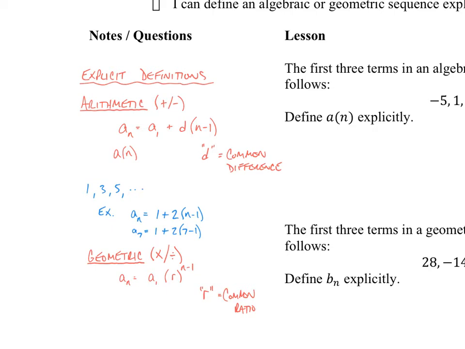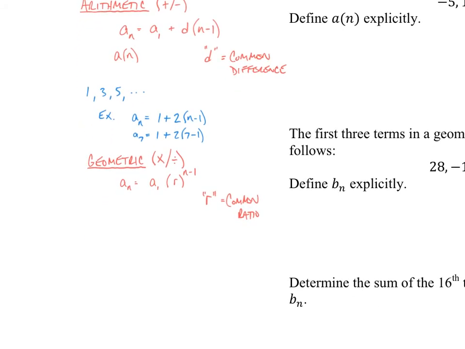So, for example, if we want to build a really simple geometric sequence, maybe 4, and then 2, and then 1, and it continues, we've got a common ratio here, and what's happening every time is we're dividing by 2 or multiplying by 1/2. So in this case, our common ratio is 1/2.